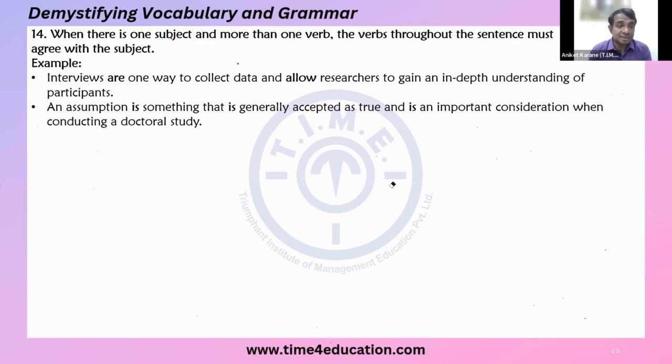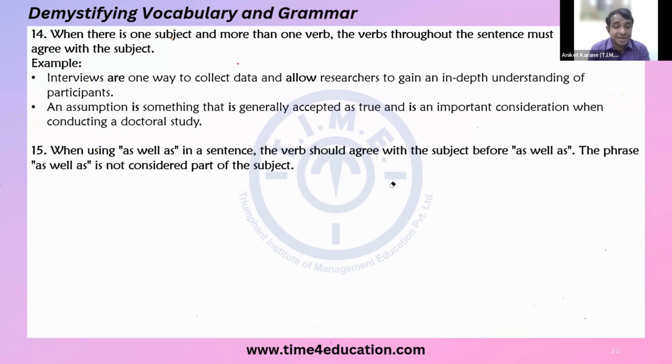If you look at it, assumption is my subject, which is singular. So "is something" is the first verb, "is generally accepted" the second, and "is an important consideration" the third. So the first subject, assumption, has been agreeing with all the verbs throughout the sentence.